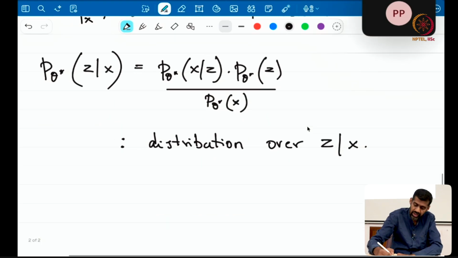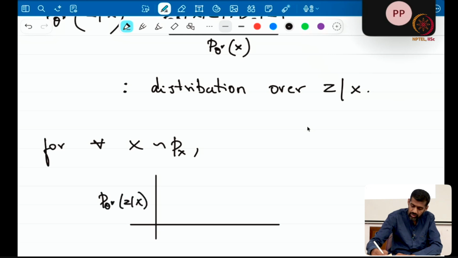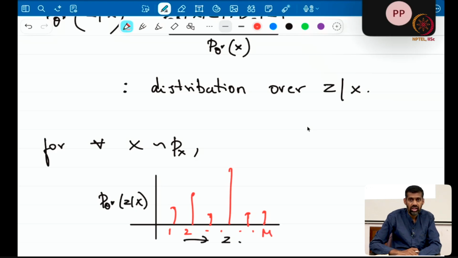So, how does that look? For every x that is sampled from the distribution Px, the distribution over z given x will look like this. This is P theta star of z given x, this is z, and this ranges from 1 to capital M. So, for every data point we get an entire distribution over z, correct.